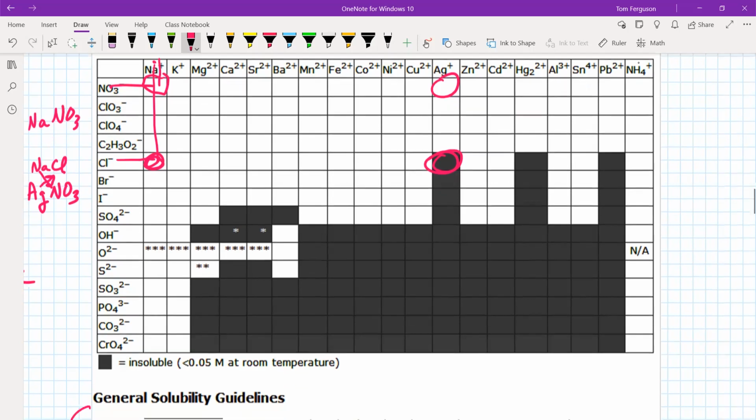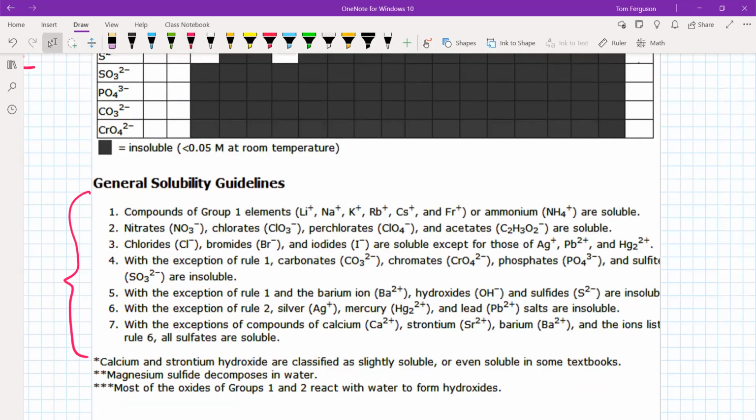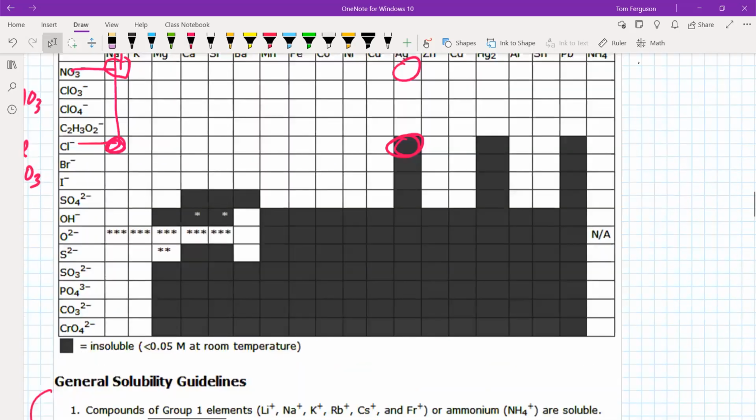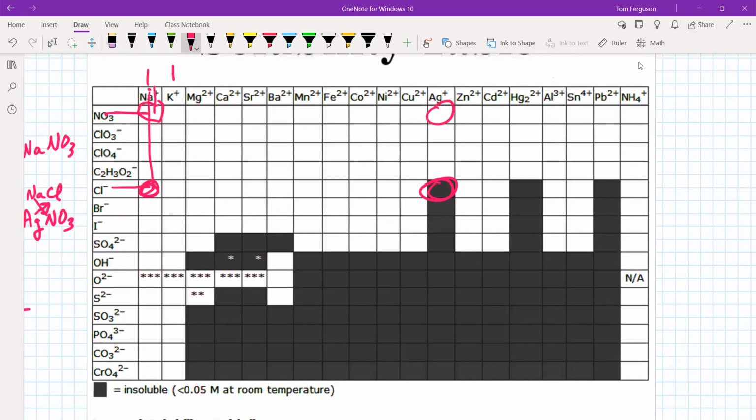Now, if you look at the guidelines, it says compounds of group 1 elements. Those don't hook up to anything to form a solid. If you look up here, this is group 1.